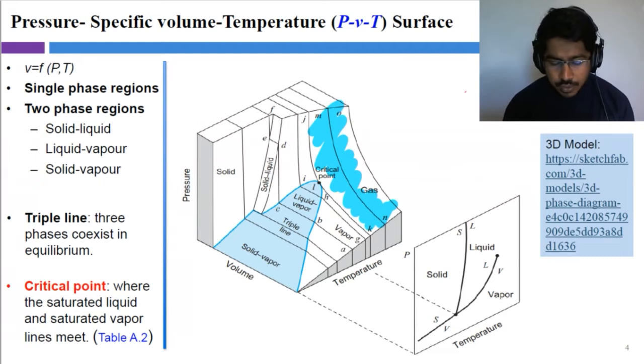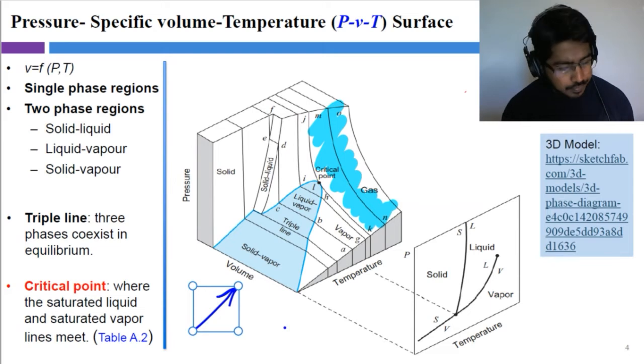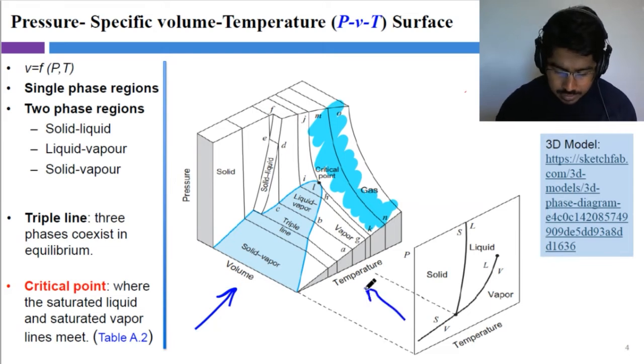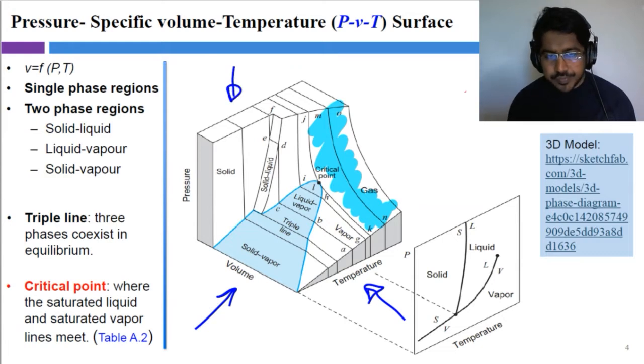So due to this reason, people decided, okay, it's true that we have the PVT surface. To interpret this one, we'll get the projections from this end and this end and this end. If you look from angle 1, you will get the PV diagram.